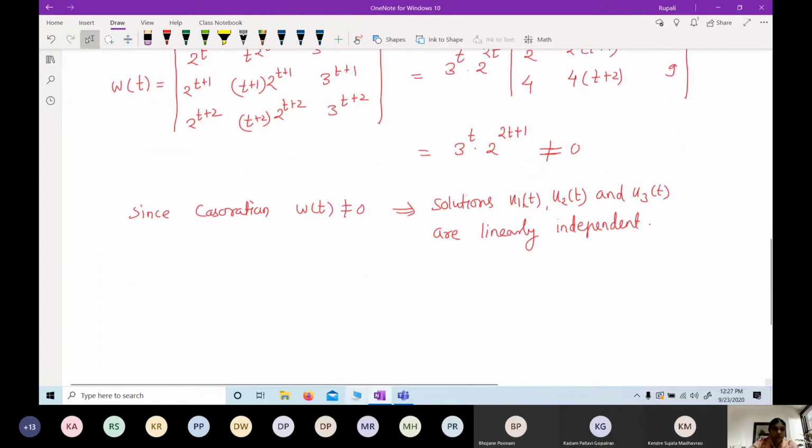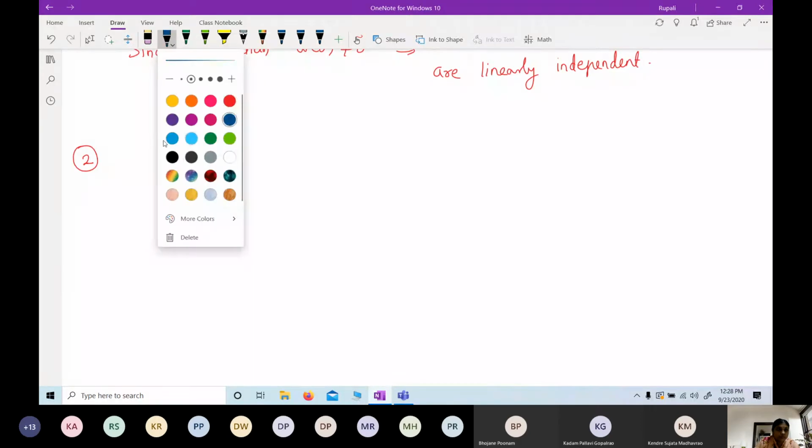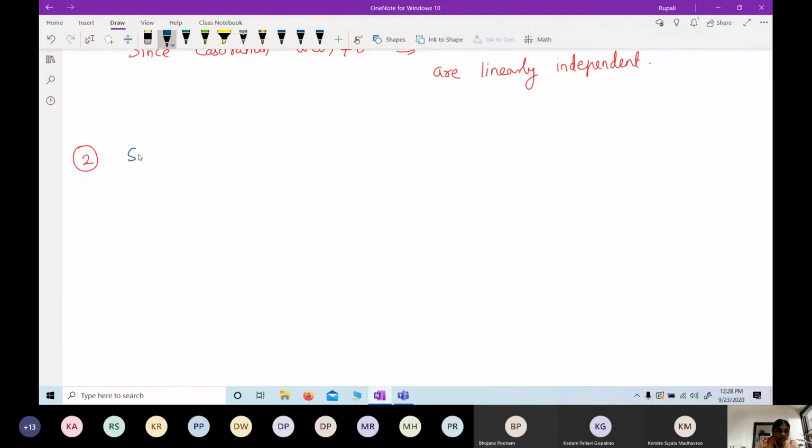Second example we can take. Solve the equation (E minus 6) raised to 5 operated on u(t) is equal to 0.